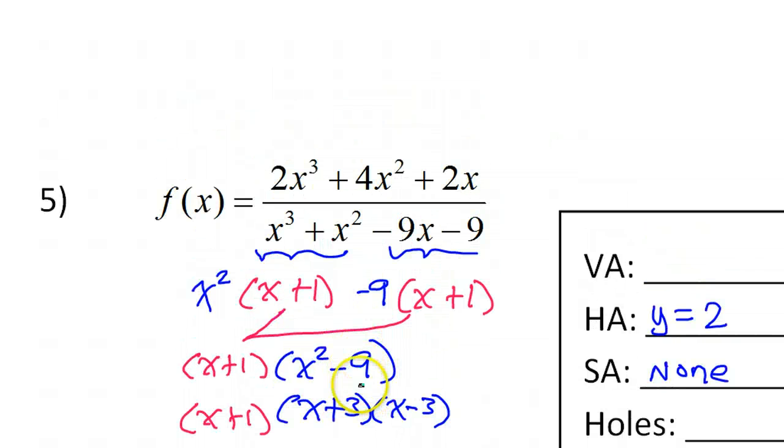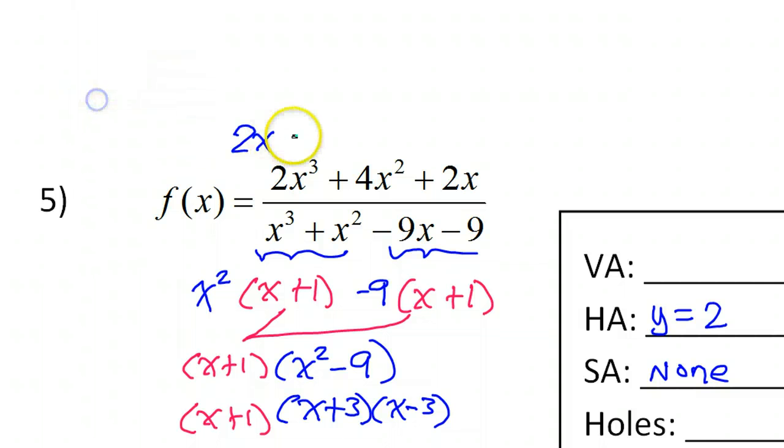Meanwhile, the numerator, let's factor that. Again, I see a common factor here. If I bring out a GCF of 2x, all of these are divisible by 2 and they all have an x. So the GCF is 2x.